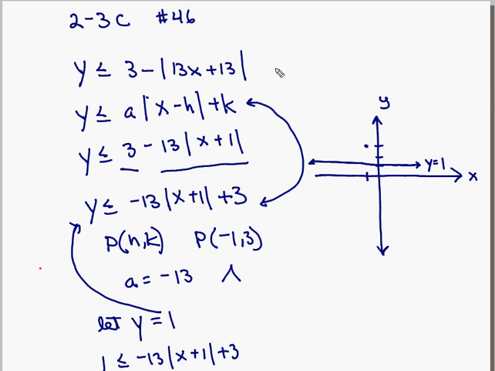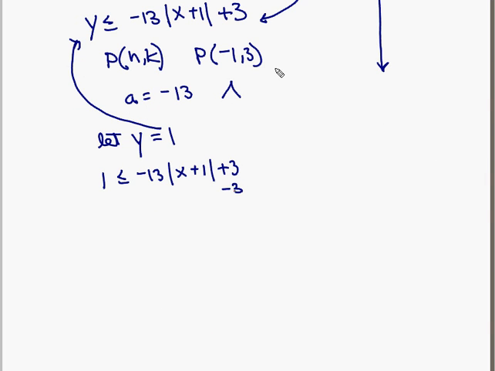First, I'm going to subtract 3 from both sides of the equation. So here I have negative 2 is less than or equal to negative 13 times the absolute value of x plus 1. Okay? Now, the next thing to do is get rid of the 13 on the right side, so I'm going to divide both sides of the inequality by negative 13.